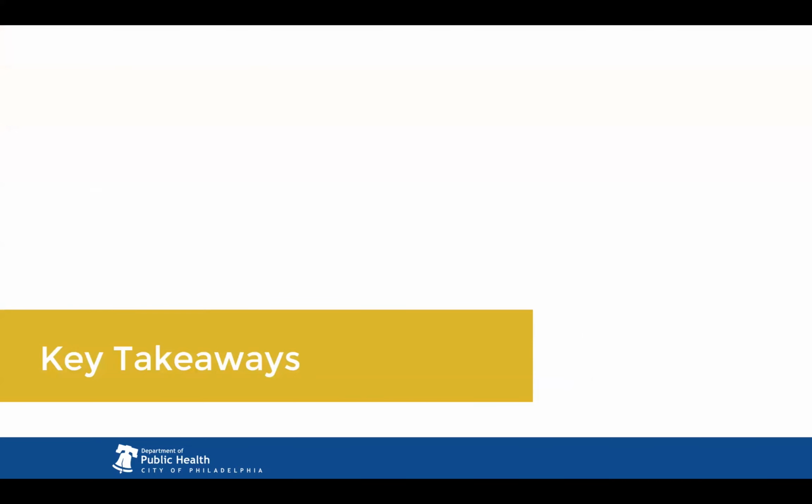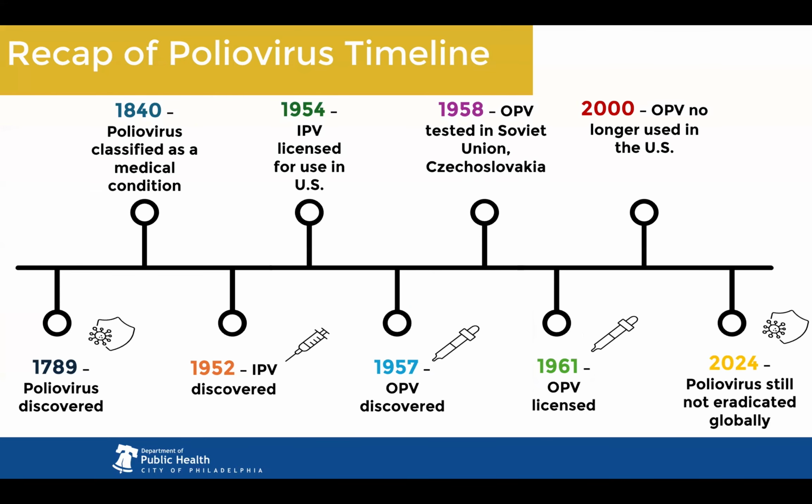Key takeaways. Here's a recap of the poliovirus timeline. 1789, poliovirus was discovered.